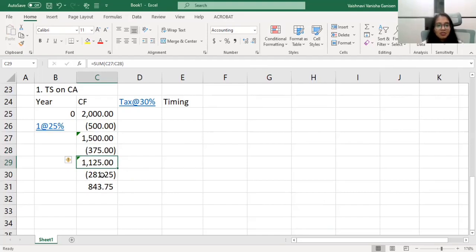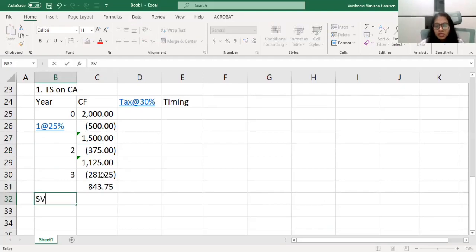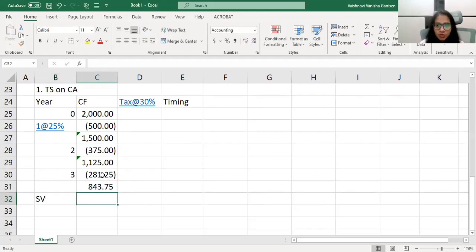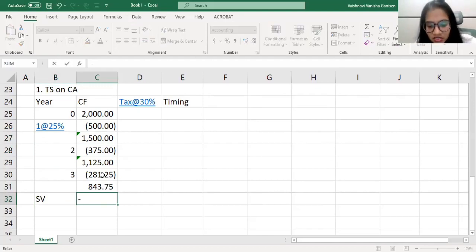Now I just want you to put here year 2, here year 3. In the final year, before you calculate the final year value, you put year 4, you put scrap value. Here is 0.